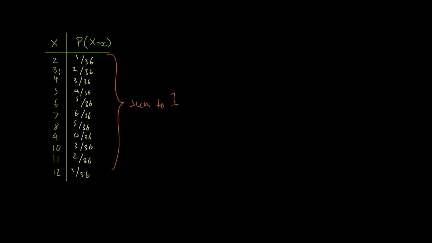Okay, and what we've done here, where we've defined this relationship between the different values that our random variable x can take and their probabilities, is define what we call a probability mass function. A probability mass function gives, for particular values, masses of probabilities, big lumps of probability.